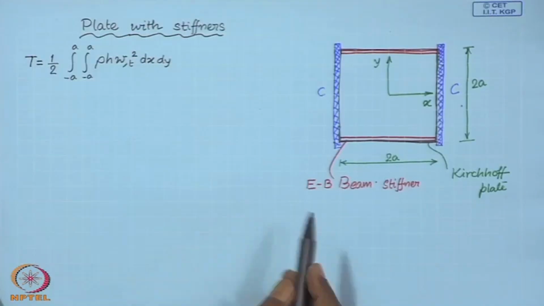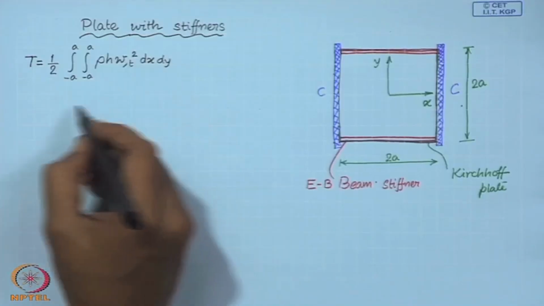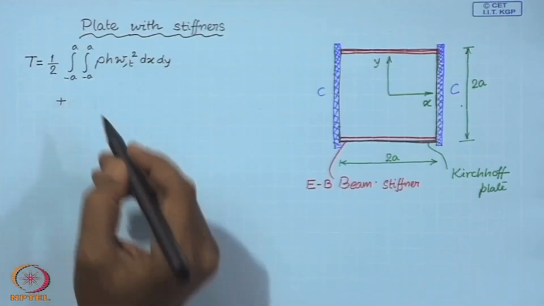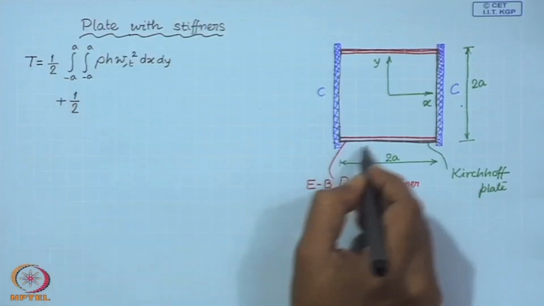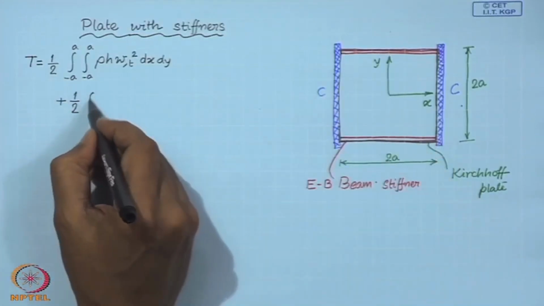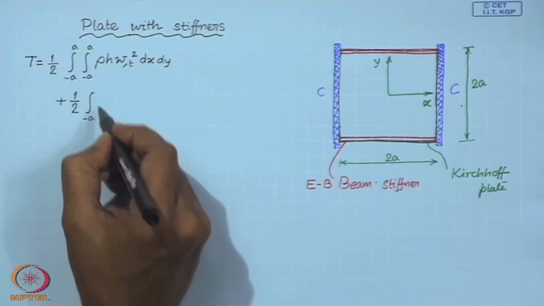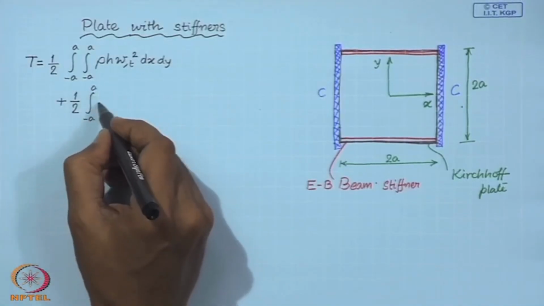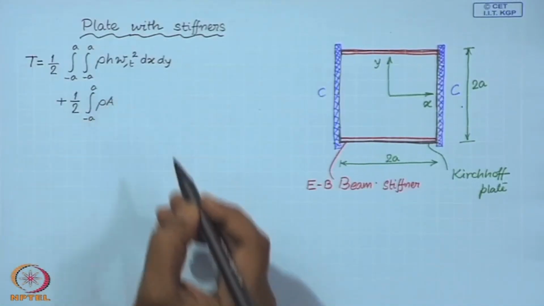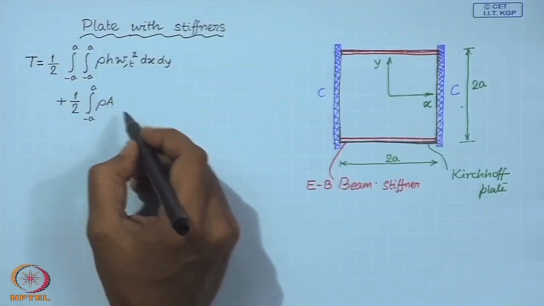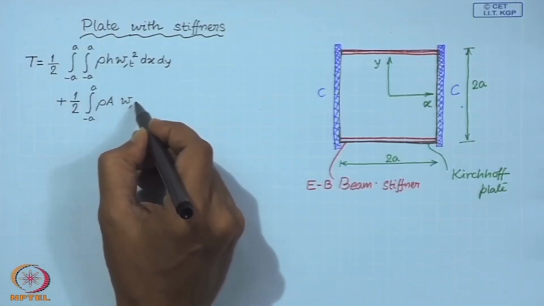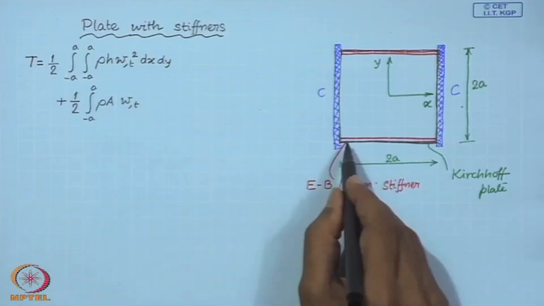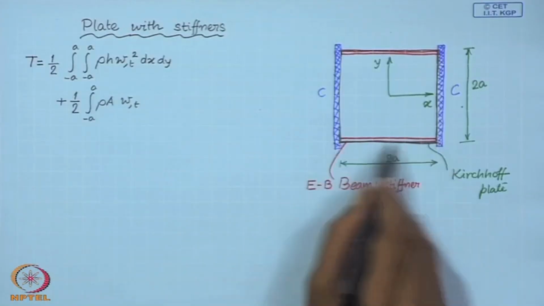of the plate is given by this, and along with this we have two beams on these two edges. So, rho a is the mass per unit length times the length times the velocity. Now, this velocity is the velocity of this point.